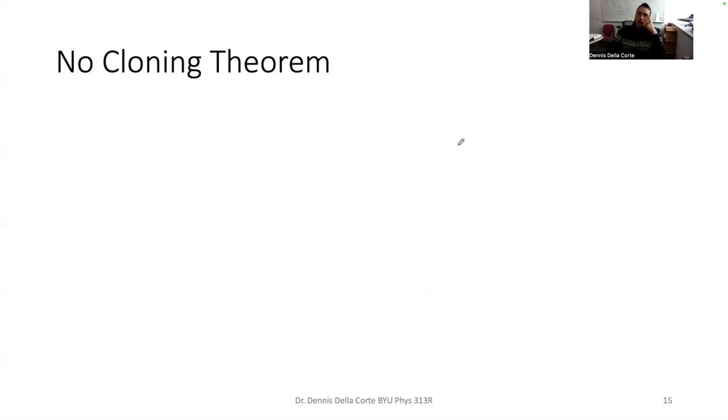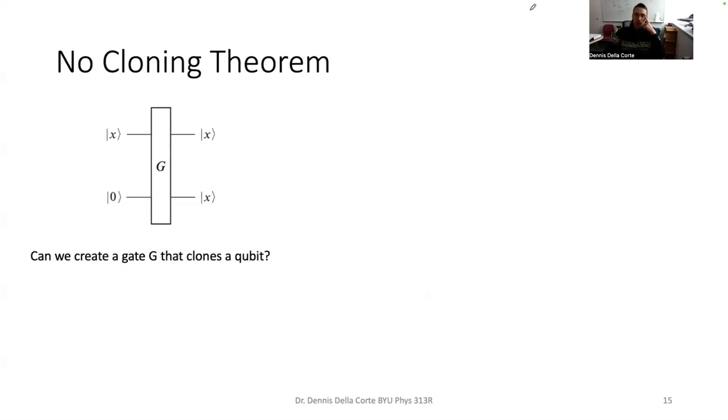All right, now a very interesting result, the so-called no cloning theorem. Let's look at this here. The question is, are we able to build a gate in which we put a specific qubit x and then some extra input, whatever, a 0, and make it so that the gate clones the information in x into 0?